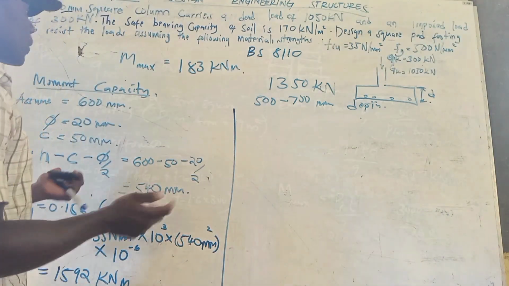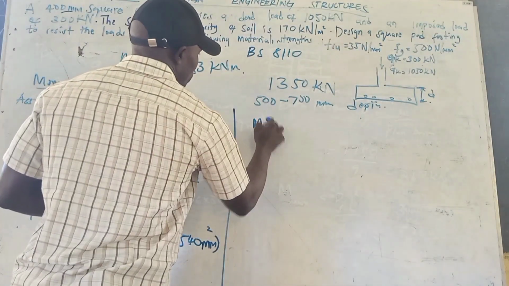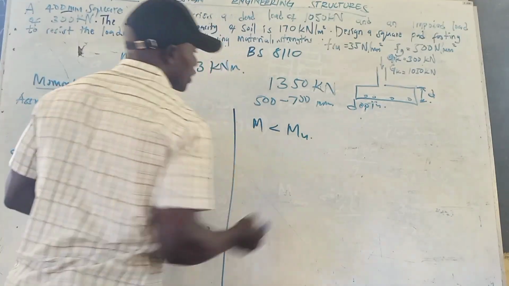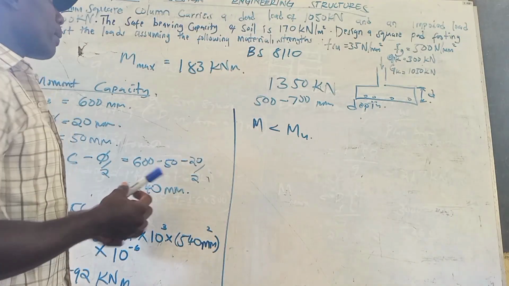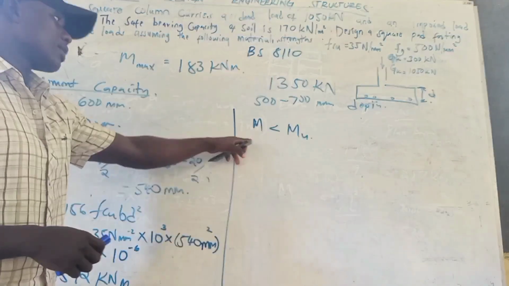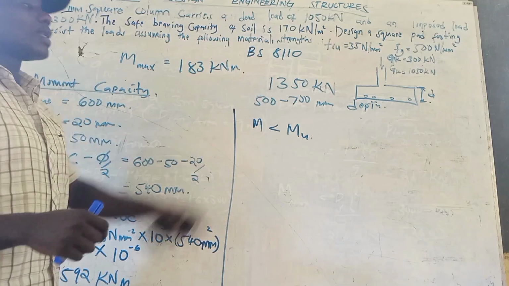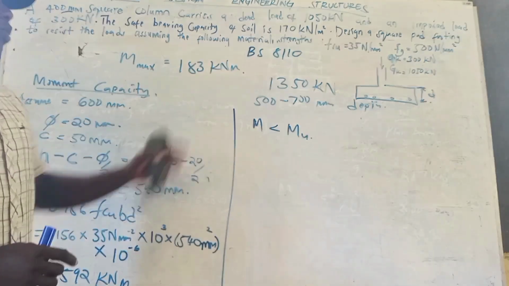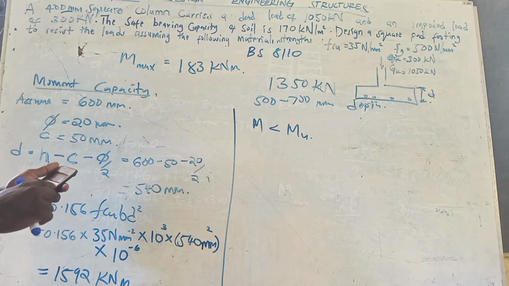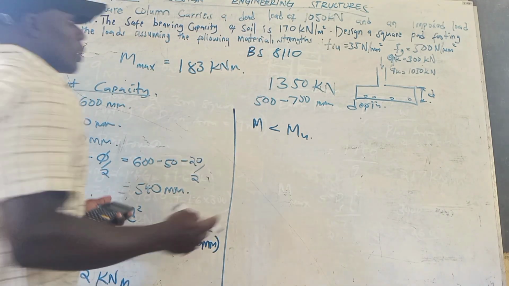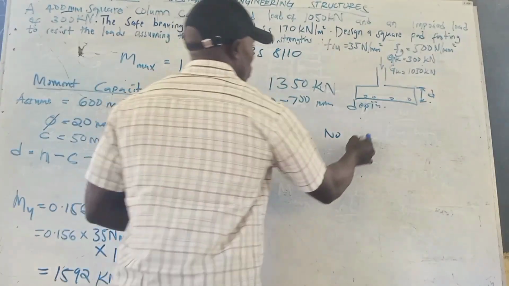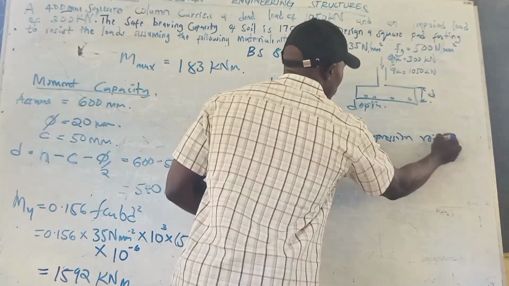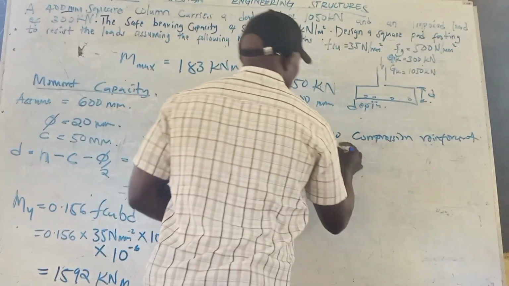So by inspection, you can deduce that your design moment is less than your ultimate moment of resistance, which was our goal. Remember, when we say that the demand should be less than or equal to the capacity. And that is what we have achieved. So up to that point, that means there is no compression reinforcement required.